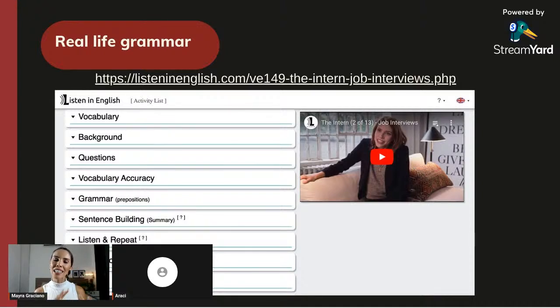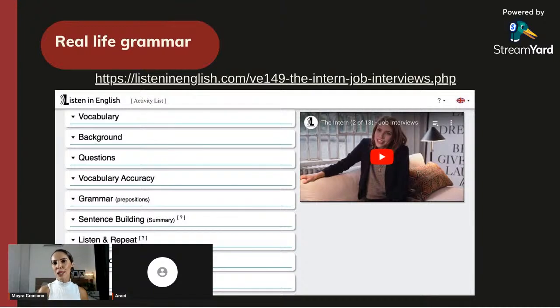So this is exactly contextualized grammar. Okay, sentence building, and then how can you use these structures? You can listen and repeat. So here you can study the grammar in real life, in a context, okay, contextualized grammar.